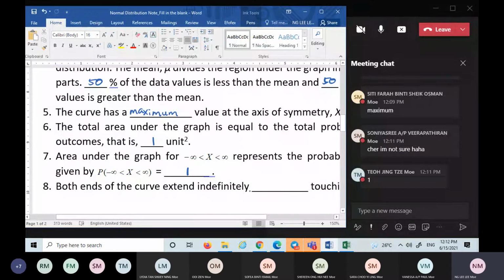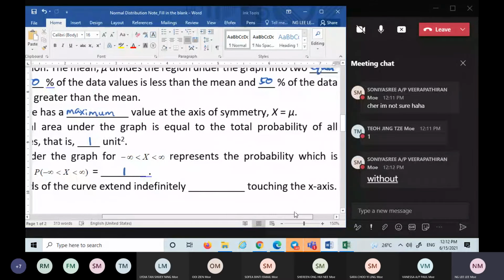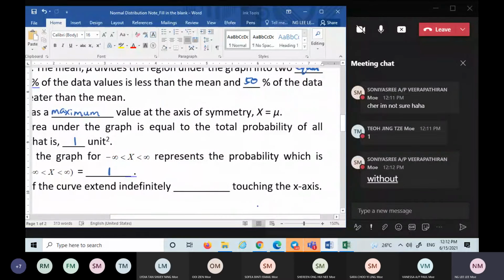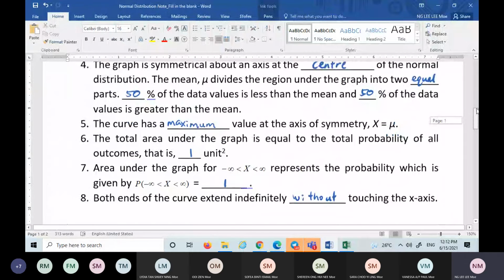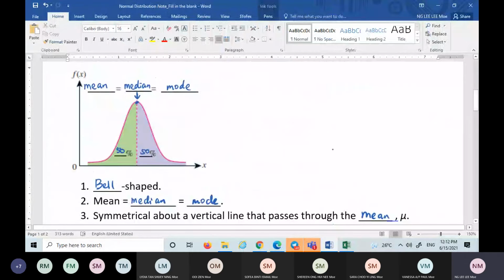Both ends of the curve extend infinitely, indefinitely, without touching the x-axis. Thank you. What's the meaning of number 8, which is the last one already? Let us see the graph. This part, you see or not?